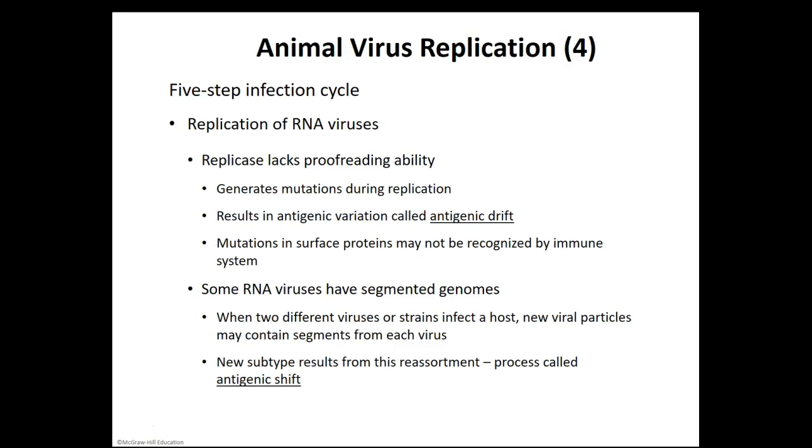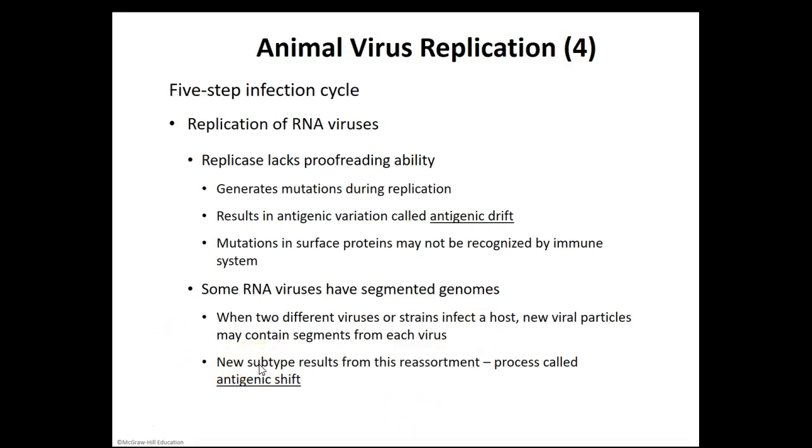You've got all the capital letters and all the lowercase. So say the original virus had capital A, B, C, D, and E. Because the lowercase versions of those segments were present, maybe the resulting virion has capital A, capital B, but then lowercase c, d, and e. That would be a completely new virion. We call those new subtypes.